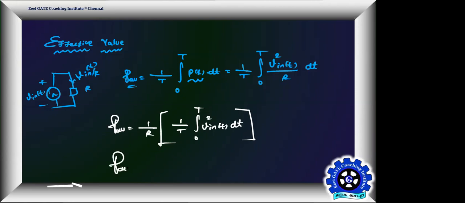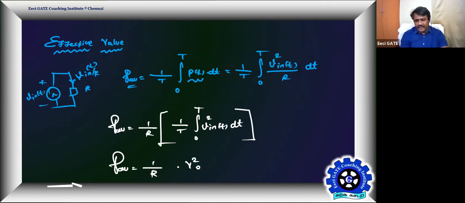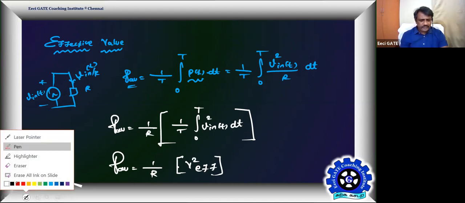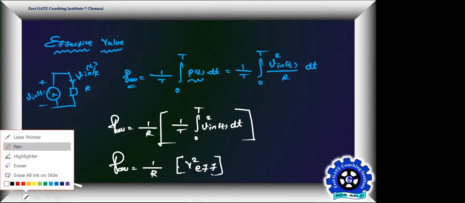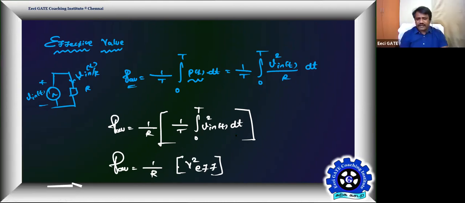This average power we know is 1 by R into V square effective, as per the earlier conclusion. Now tell me, what is V square effective? These two are identical, both are talking about average power. Therefore, V square effective is equal to this.